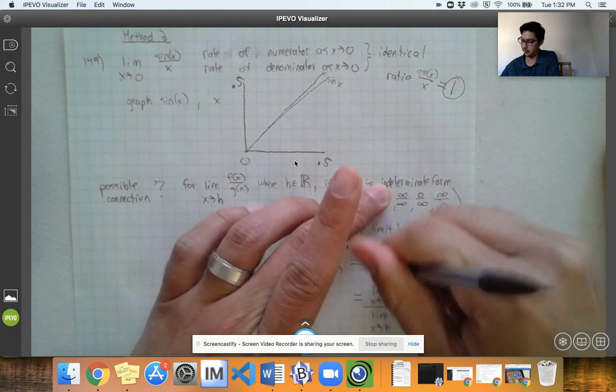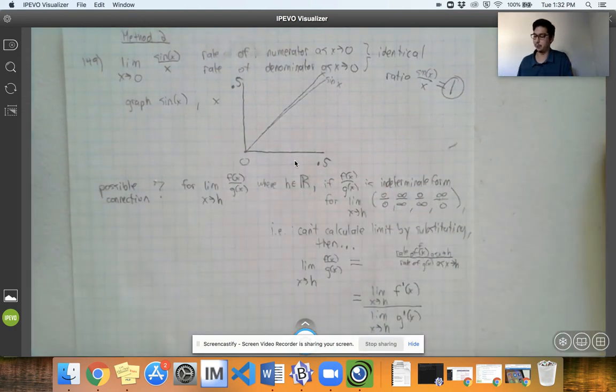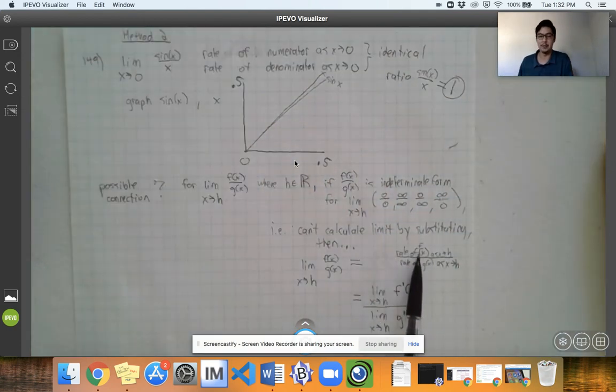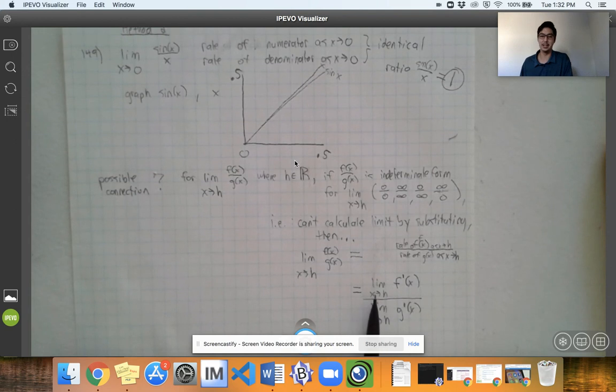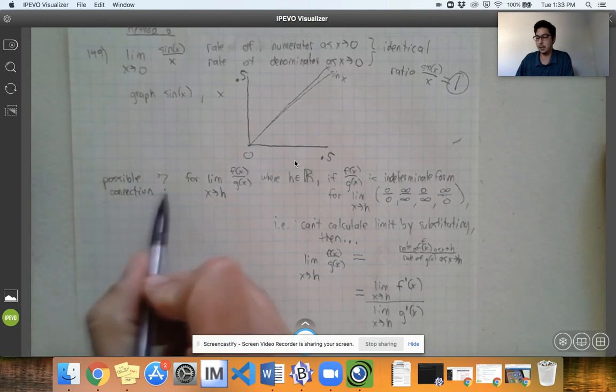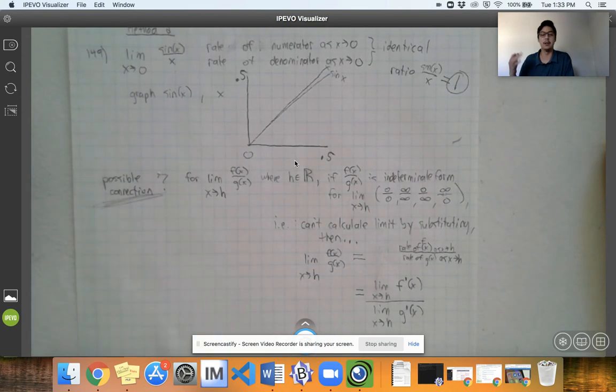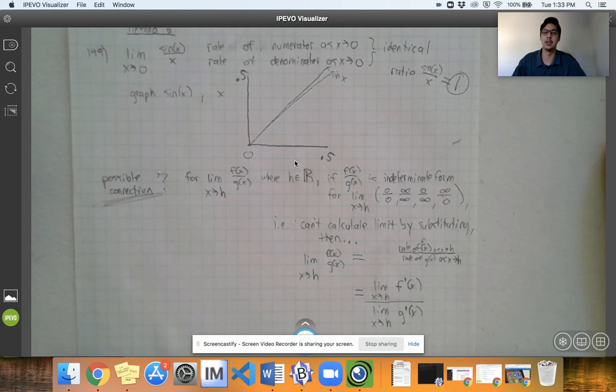There's no limit there. The idea is if you just look at the ratio of the rate of f of x as x approaches h, the rate of g of x as x approaches h, which we can write as just saying the limit of the derivative. And that's the idea there. But we don't know that for sure. That's just a possible connection. But that actually is a thing, and you're going to learn the name of it in the next lesson.